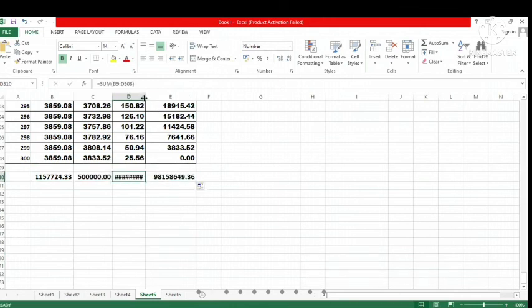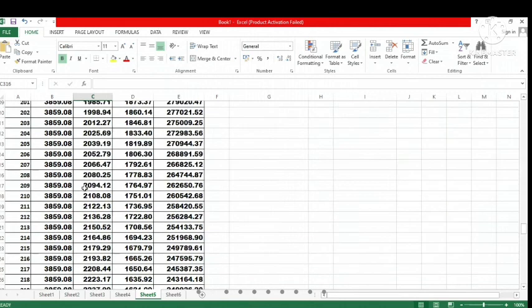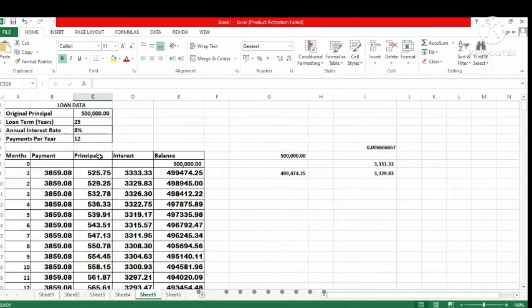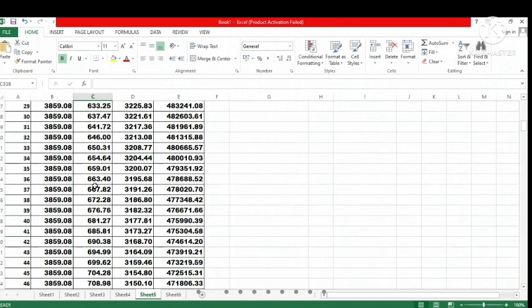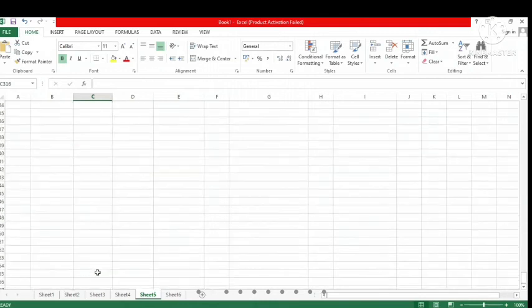Now no need to sum up. If I take this one, we can see the principal amount. What is the principal loan? Only 5 lakhs, no?